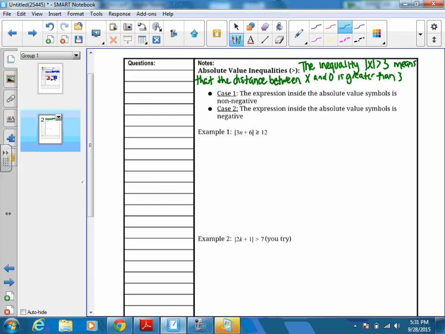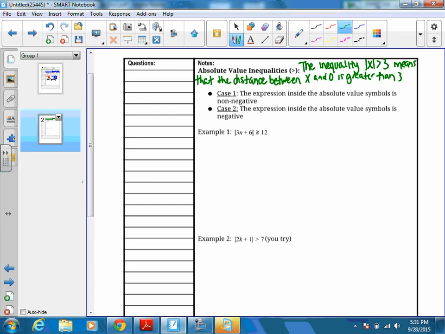So once again, case 1 means the inside of the absolute value symbol is non-negative, and case 2 means the expression inside the absolute value symbol is negative. Just like before, I have to set up my problem for case 1 and case 2.